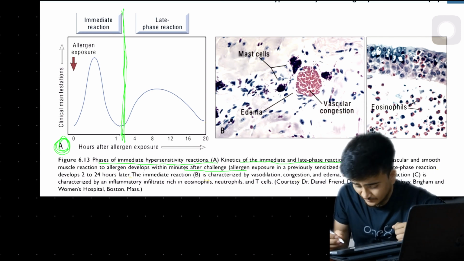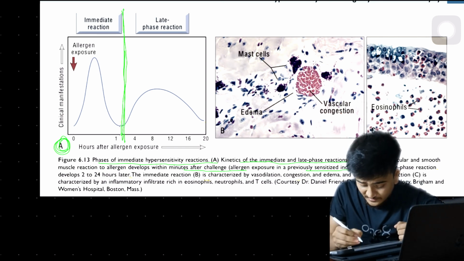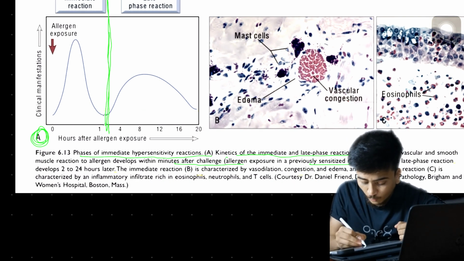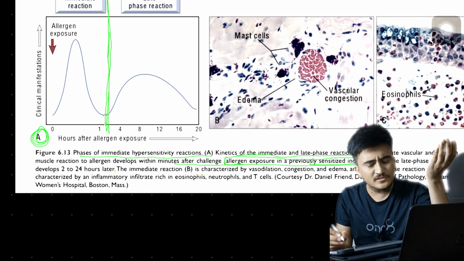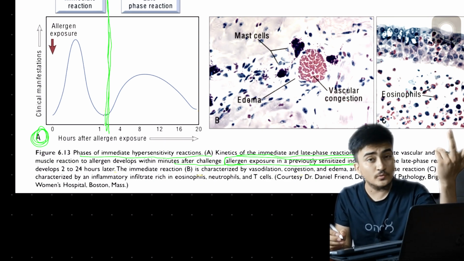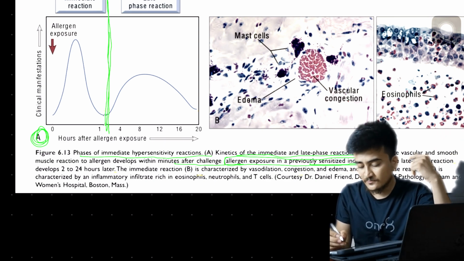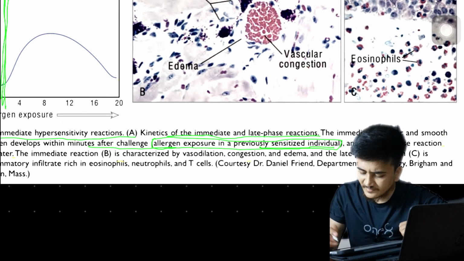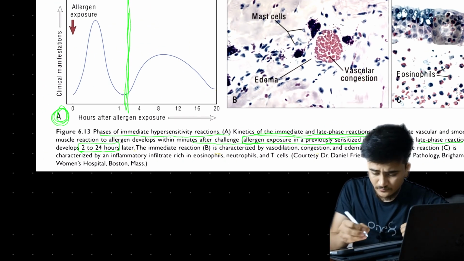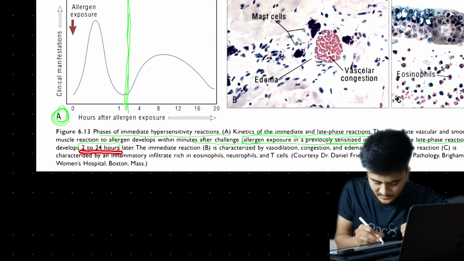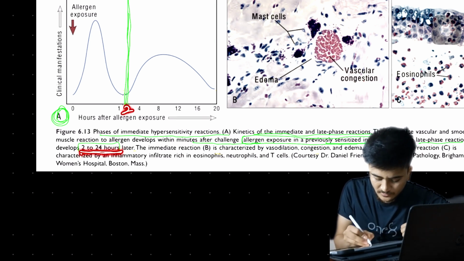The important thing I have already said is that we are talking about allergen exposure in a previously sensitized individual, not the first-time exposure, where there were no symptoms. We have already finished that discussion. The late phase reaction develops from 2 to 24 hours.